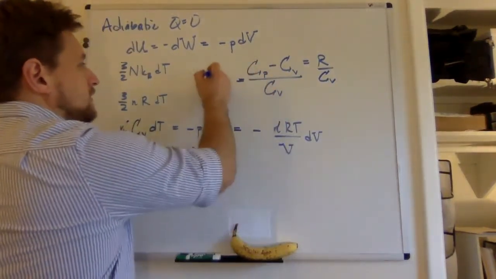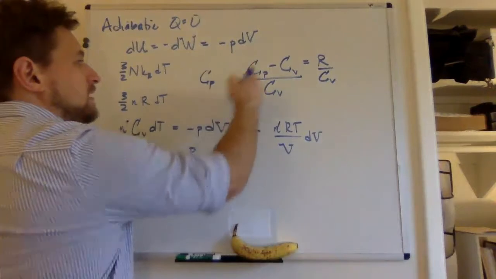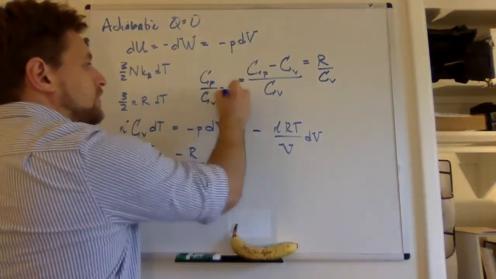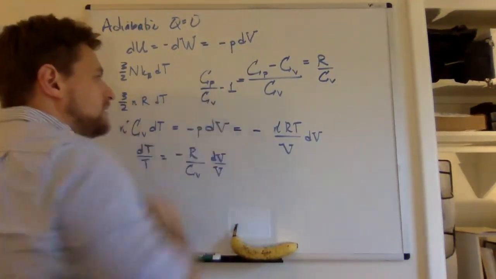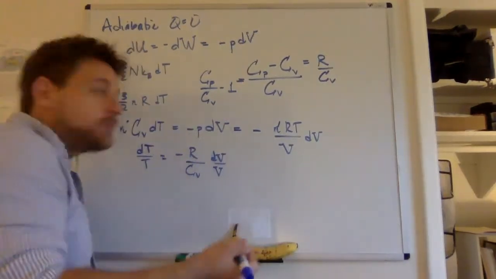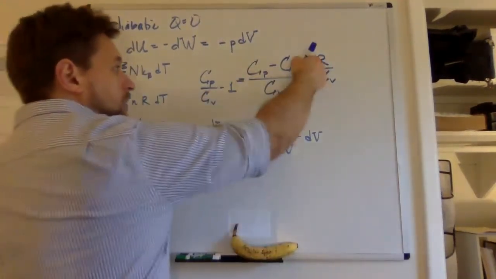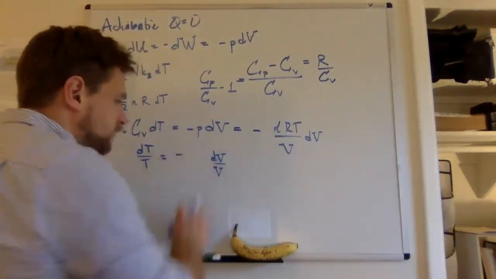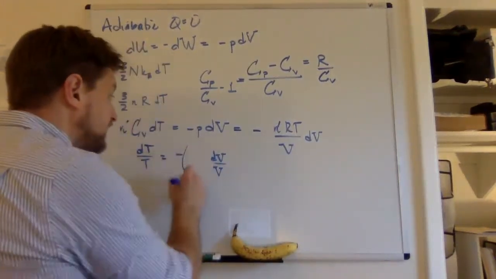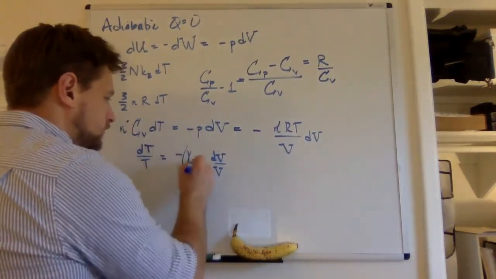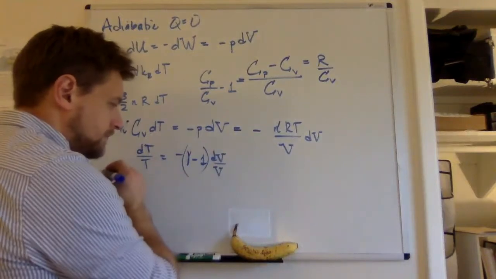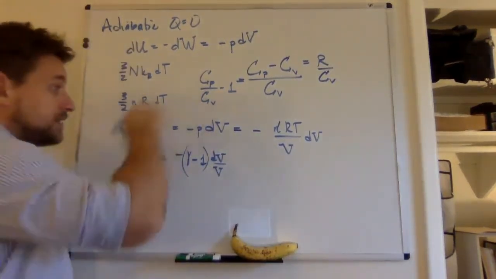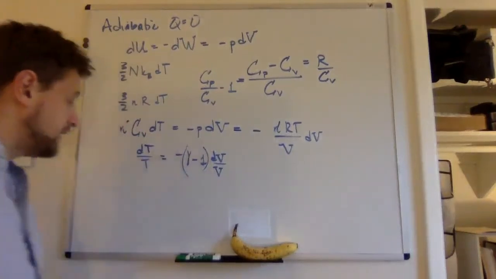And it looks like C_P over C_V minus 1. But C_P over C_V, that's gamma. So R over C_V, there's the gamma minus 1, and it's one that doesn't care whether it's monatomic or diatomic, and I did something funny before. This is how it should look.